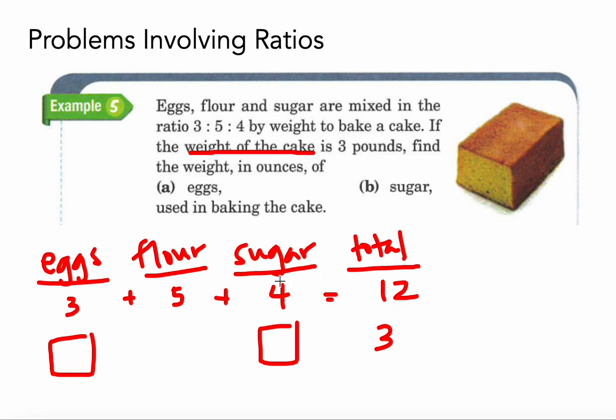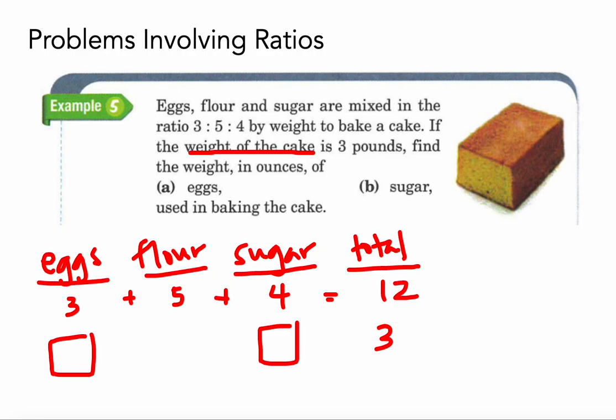So again, we added up all the weight of the original ratio, 3 plus 5 plus 4, to get that 12. That's the original one. This person wants to adjust the recipe to just get a total of 3 pounds for their cake. So they want to know how much eggs, how much flour, how much sugar do I then need, right?